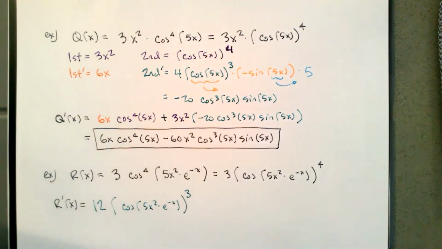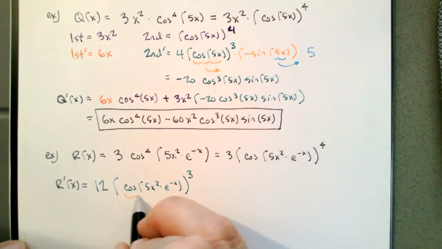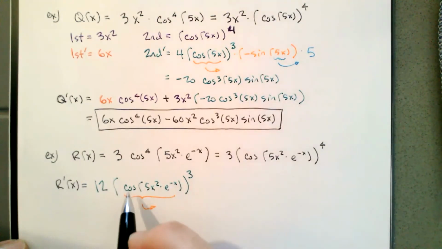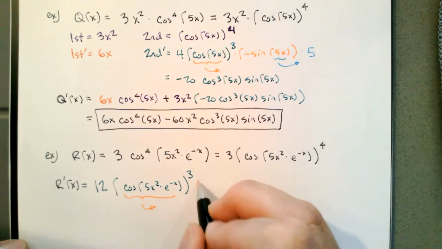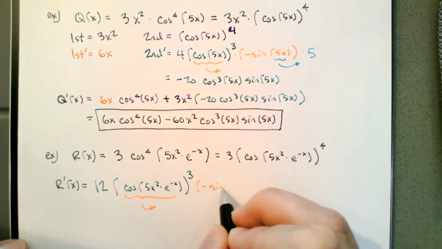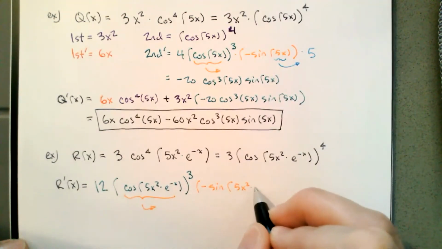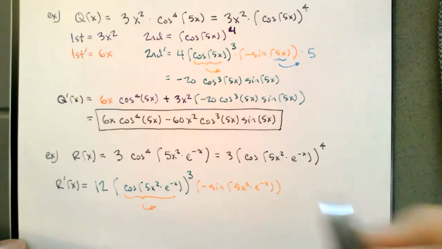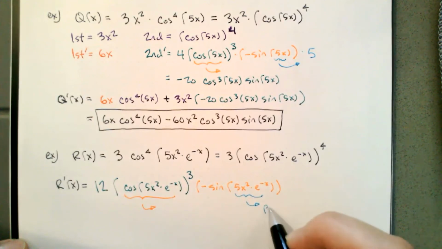Then I multiply by the derivative of the inside. So the derivative of this is the inside stuff. The derivative of cosine of all this stuff is negative sine with respect to this inside stuff, 5x squared times e to the negative x, times the derivative of the inside, and the inside is a product rule.